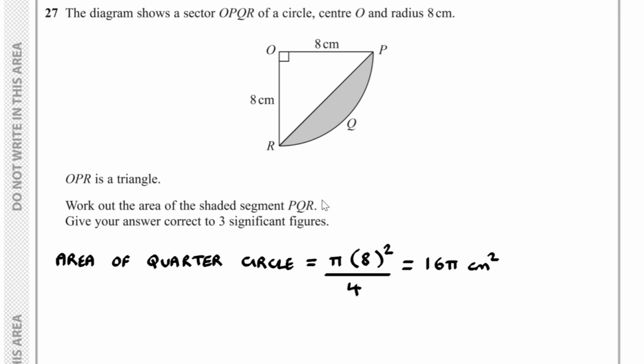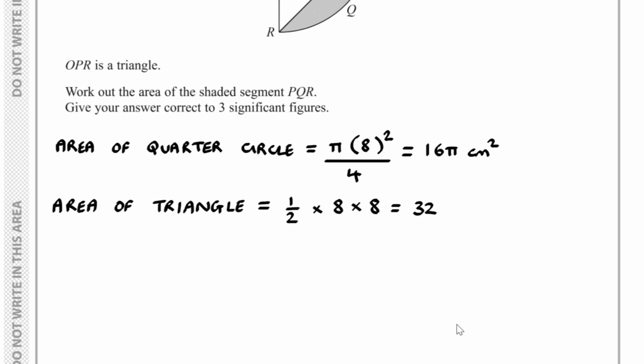centimetres squared. We can now find out the area of this triangle. The area of the triangle is given by 1/2 times 8 times 8, which is 32. And so when we come to work out the shaded area, we've got the area of the quarter circle, 16 pi, take away the 32.